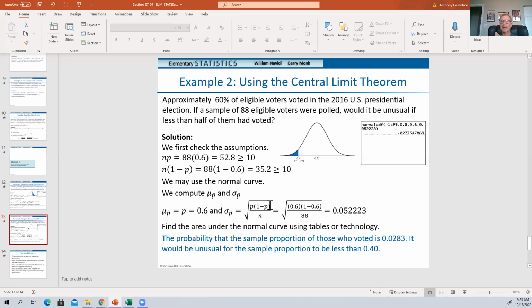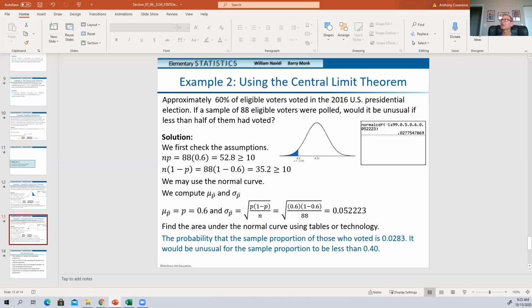Because if you think about half, what would that be as a proportion? Well, if you had 88 voters, half of 88 would be 44. And so that's what we mean by half. And so when we do this calculation, we're going to use the probability of the proportion being less than 0.5.